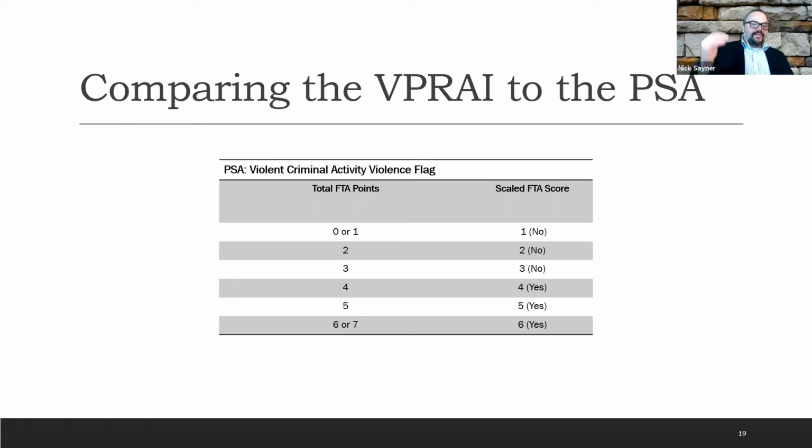Again, the idea of scaling it is just so that when we talk about scales from the PSA, 1 through 6, a 6 still means the highest, 1 still means the lowest. It's just an idea of trying to make it simpler for stakeholders and practitioners to understand.